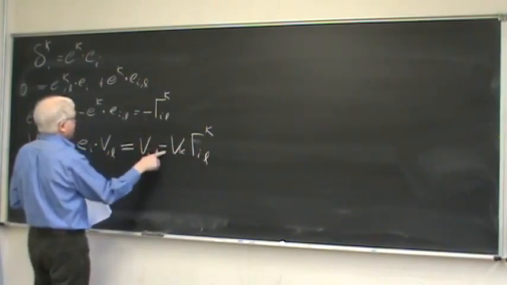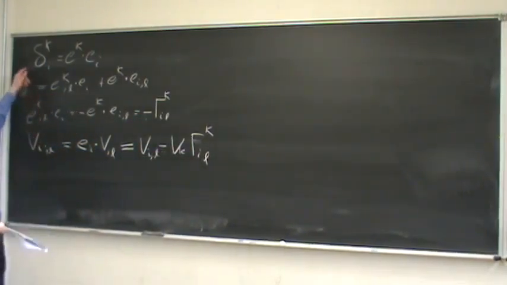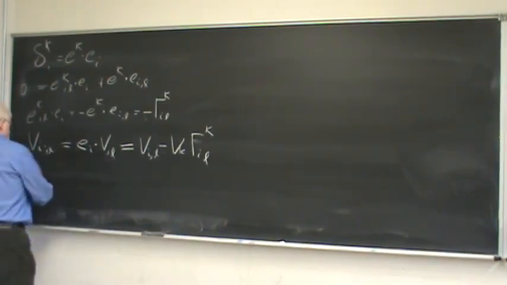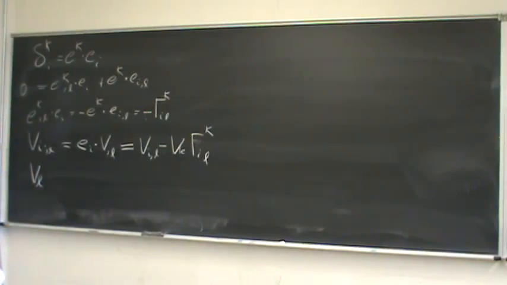So this minus sign arises from differentiating this orthogonality relation. And what this means is, general relativity is a complicated theory, no two ways about it.